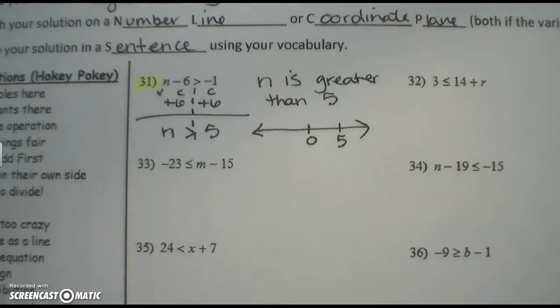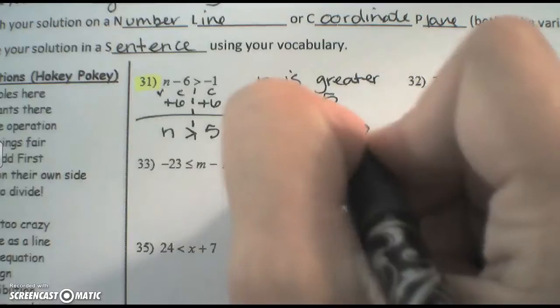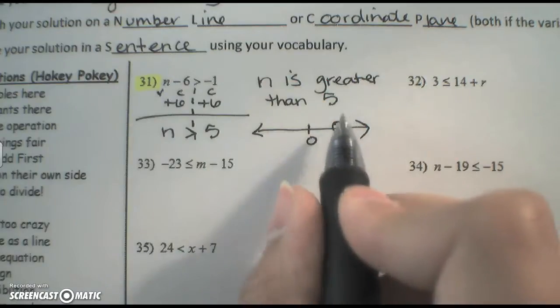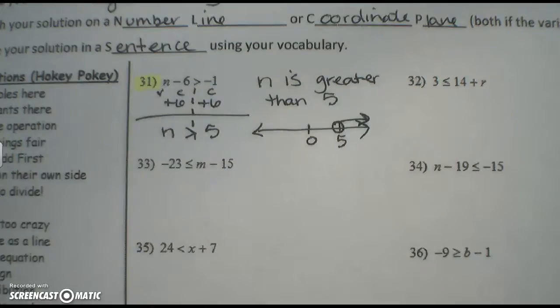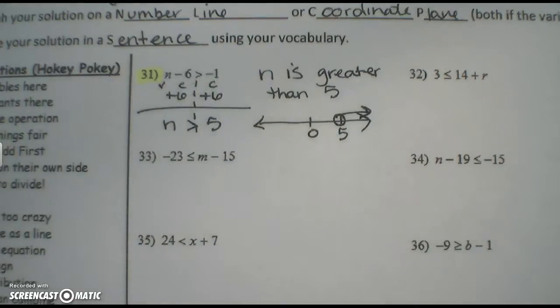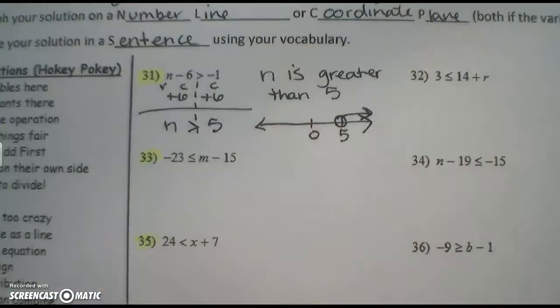And we're going to have an open circle since we don't have a line underneath there. And then we are greater, so we're going to go bigger than 5. All right, so let's take a look next at number 33 together.